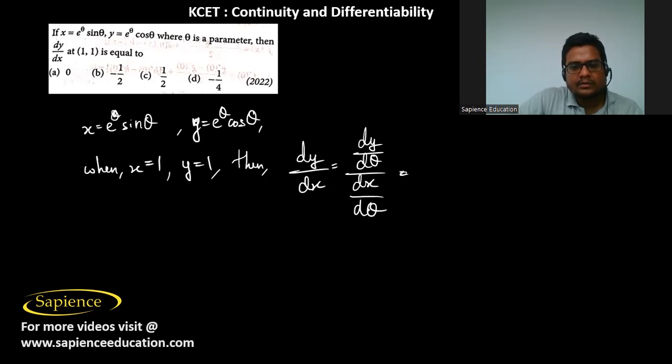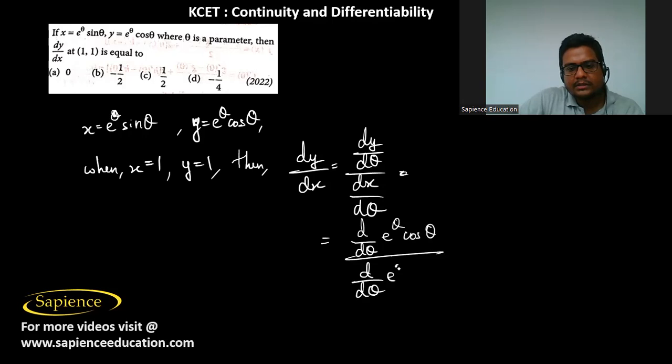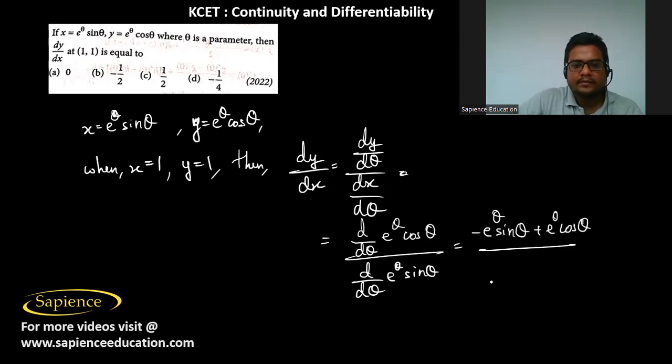So that will be equal to d by d theta of e power theta cos theta divided by d by d theta of e power theta sin theta. So this will be equal to e power theta minus sin theta, then plus e power theta cos theta, divided by e power theta cos theta plus e power theta sine theta.